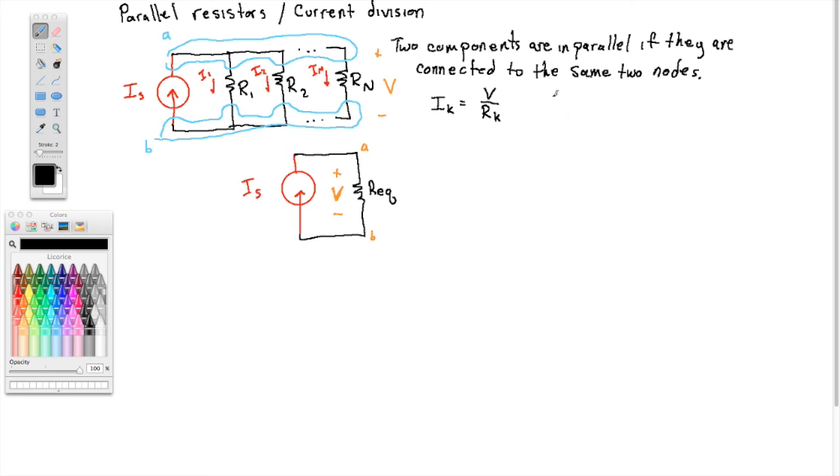From Kirchhoff's current law, the sum of all of those currents, from 1 to n of IK, must be the current IS, because IS enters node A, and the sum of all of the currents leaving must be that IS. We have an expression for IK that's V over RK, and the V does not depend on K, so it can come out of the summation.